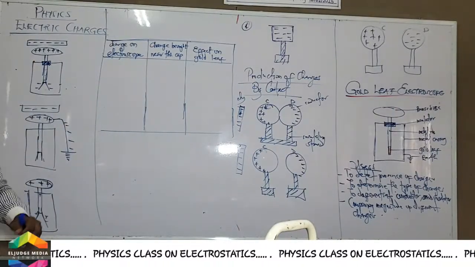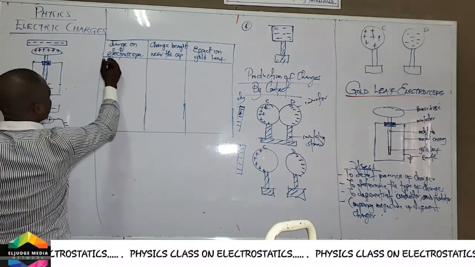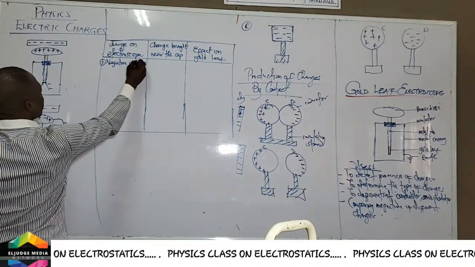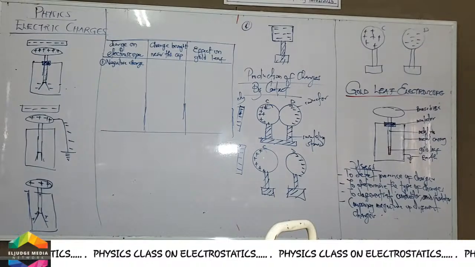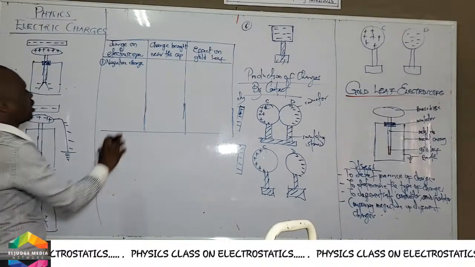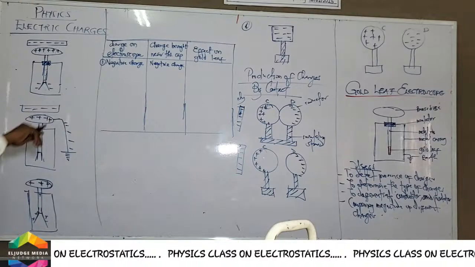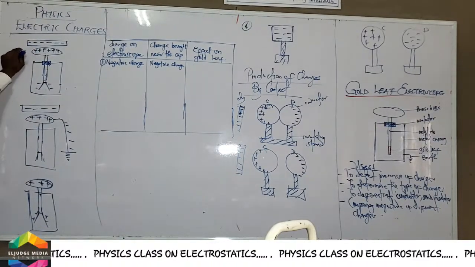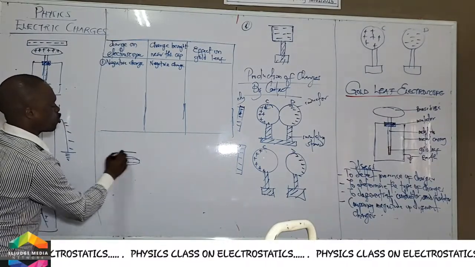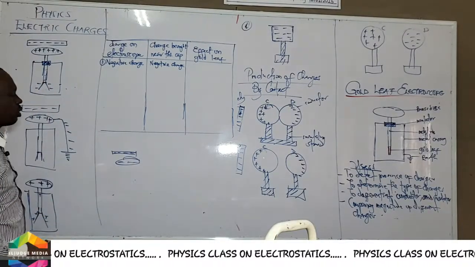Number one, if my gold leaf is negatively charged, so 1, negative charge. If you have a negatively charged electroscope, and you bring a negative charge close to it, let's assume you are bringing a negatively charged rod close to it.